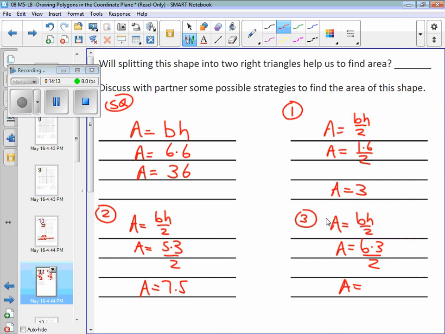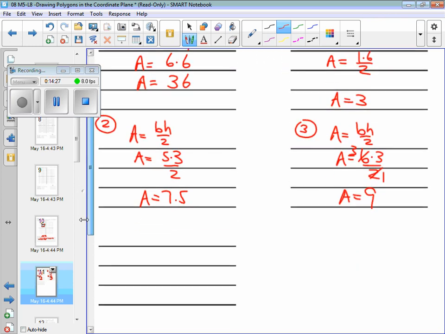And the area of that triangle? 18 divided by 2, or knock out 2 and 6. Good. Okay, I know you don't have a calculator, but 36 minus 3 minus 7.5 minus 9. Did anybody get this far? CJ, you have a calculator, so what is it? It winds up being 16.5 square units.